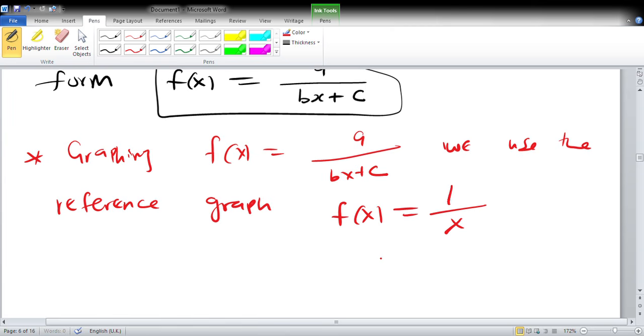So this is a sketch. What is the reference graph? It means everything comes from this function. Maybe we can call this our parent function, and then everything will lead to that hyperbolic shape.